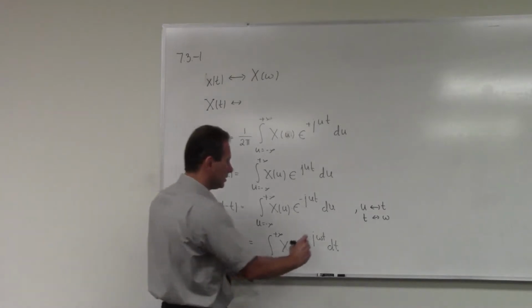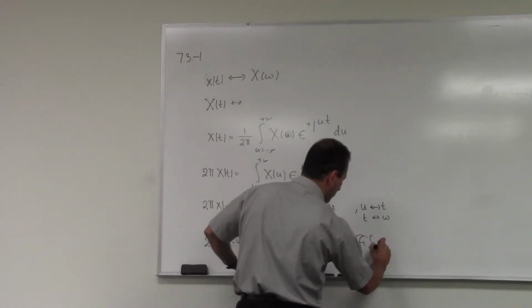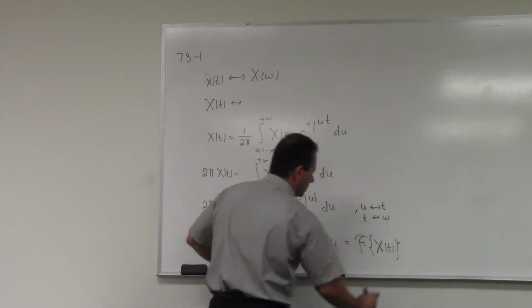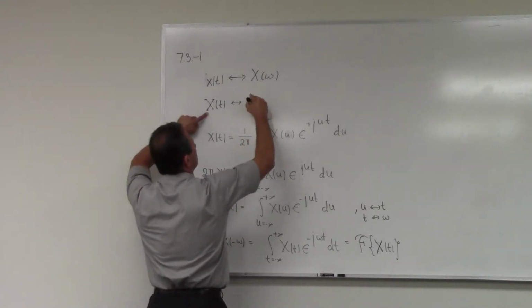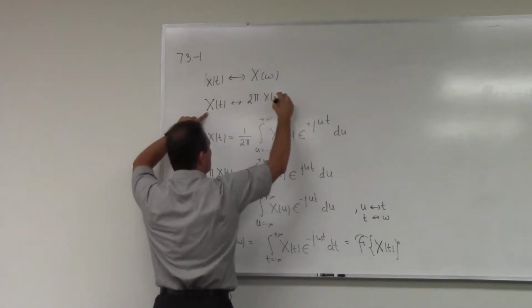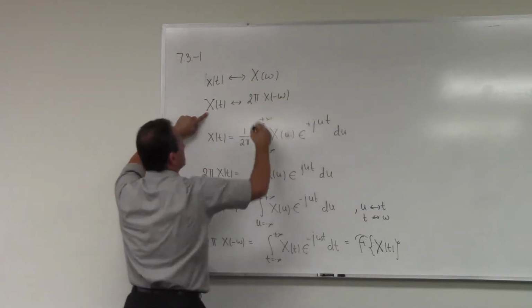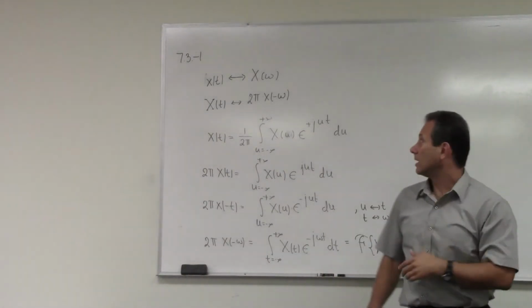Now what you see here is the Fourier transform of capital X of t. So x of t has the Fourier transform 2 pi little x of minus omega. That's the duality theorem.